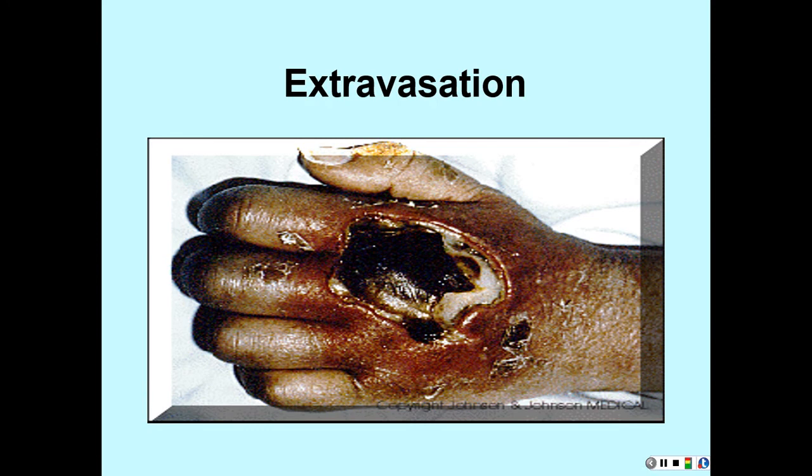If it is a vesicant that you're infusing, you really need to take it out, assess the situation. You have to assess to see, do they have flow? Do they have a blood return? Which means if you pull back on it, does blood come back up in the tubing? And that's a sign that you're in the vein.